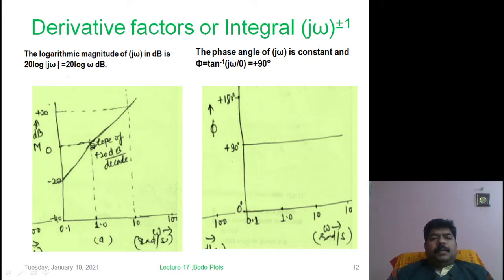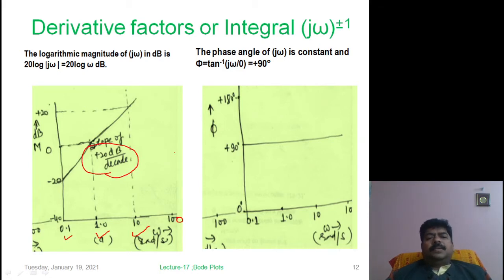Here the frequency varies in decades, that is 0.1 to 1, 1 to 10, 10 to 100, like this. So the change in dB is 20 dB as the frequency changes by a factor of 10. Here you can easily find the slope of this curve is plus 20 dB per decade.